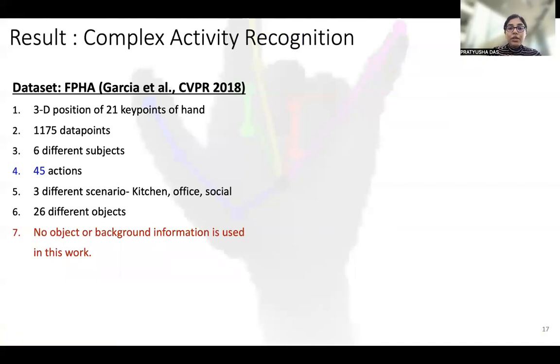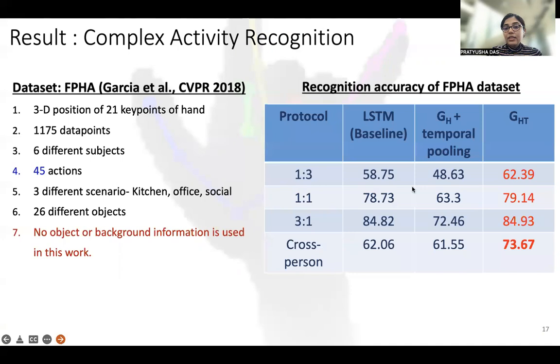So if I am drinking milk or drinking water, I do not have the information about the bottle or the glass of water. In this case also, our baseline method is LSTM, a long short-term memory. I'm comparing the features extracted using a spatial graph with temporal pooling, and also the spatio-temporal graph features.